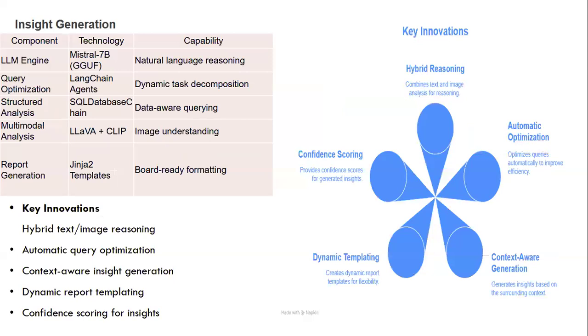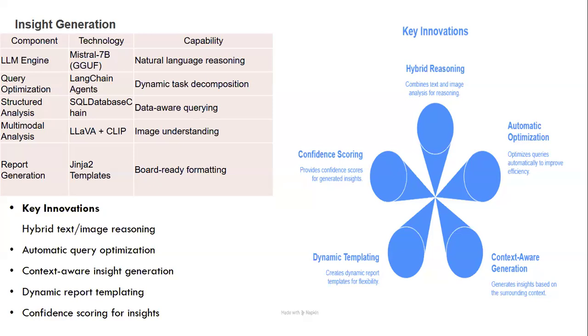The next is insight generation. In this phase, after model training, we introduce our insight generation engine, the core of the LLM engine. Here we use a Mistral 7B LangChain agent for dynamic query optimization using the SQL database chain, which enables structured data analysis.